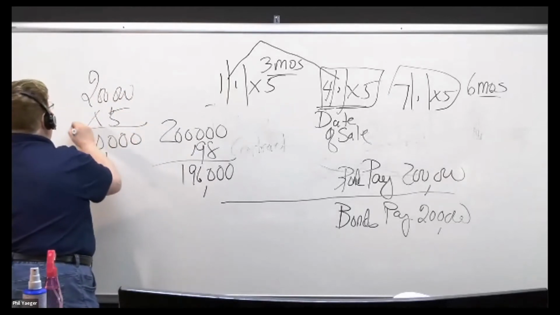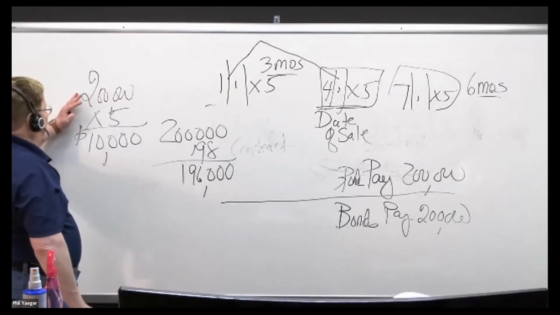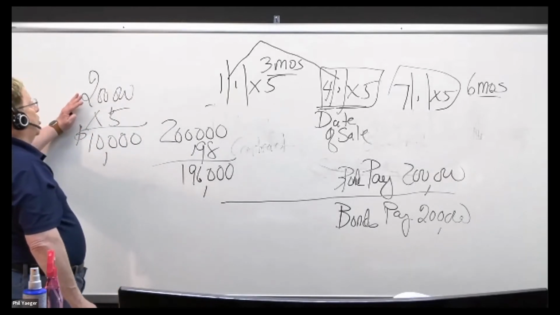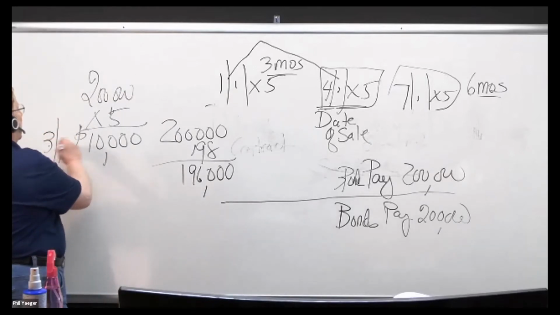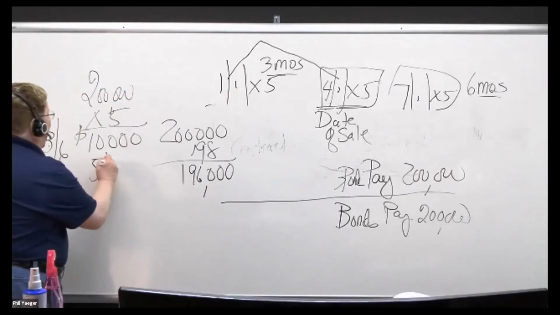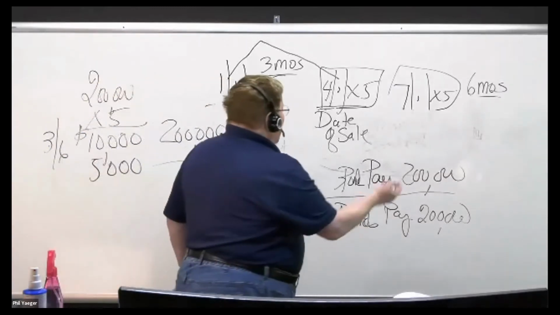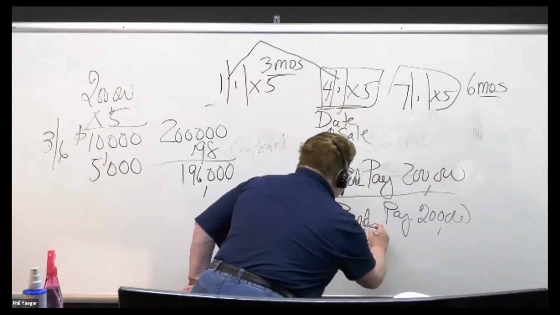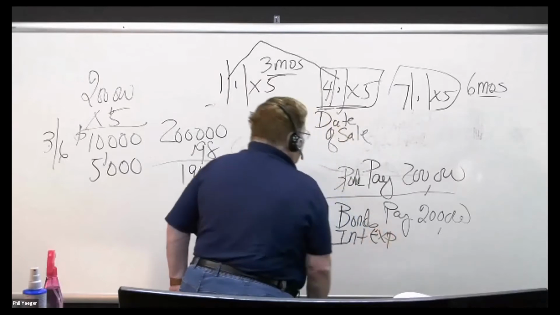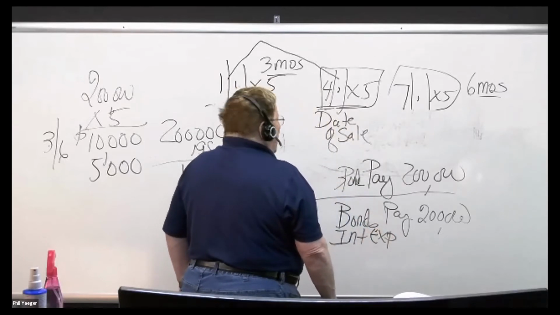Now, the person who got the interest for 6 months has to give back 3 of the 6 months. Do you agree? Yes. So 3/6 of this is what? 5,000. So the bond corporation will credit interest expense, reducing their interest expense by 3 out of 6 months.